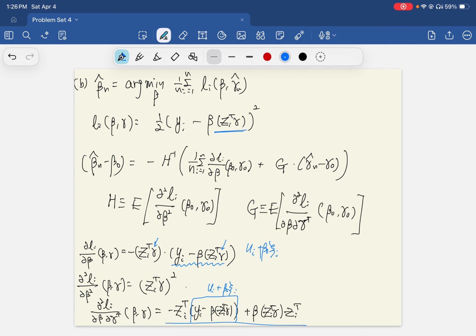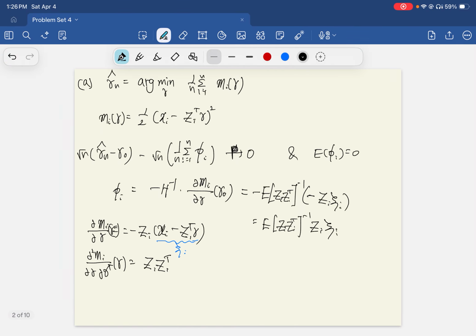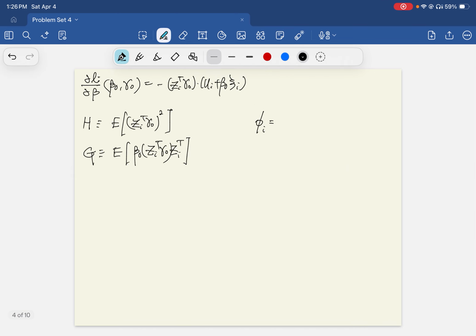So we only care about the second part. So G is the expectation of beta 0 times zi transpose gamma 0 times zi transpose. Let me also write down phi. Phi was here. So we have everything we need.